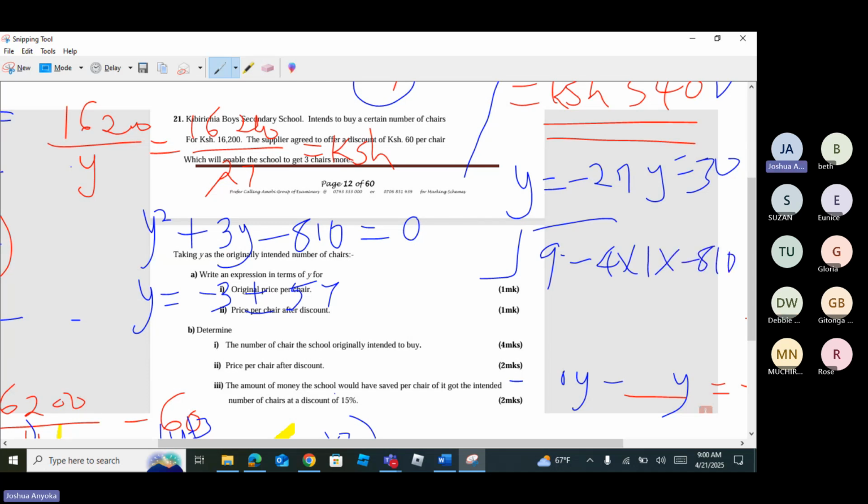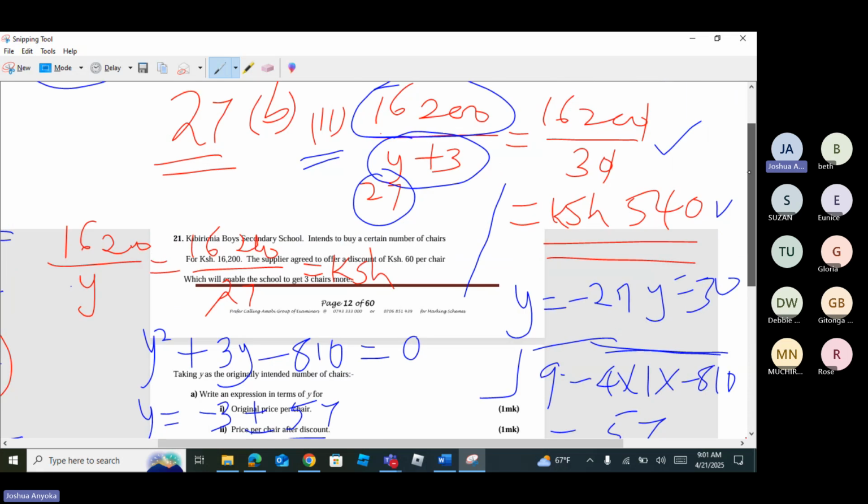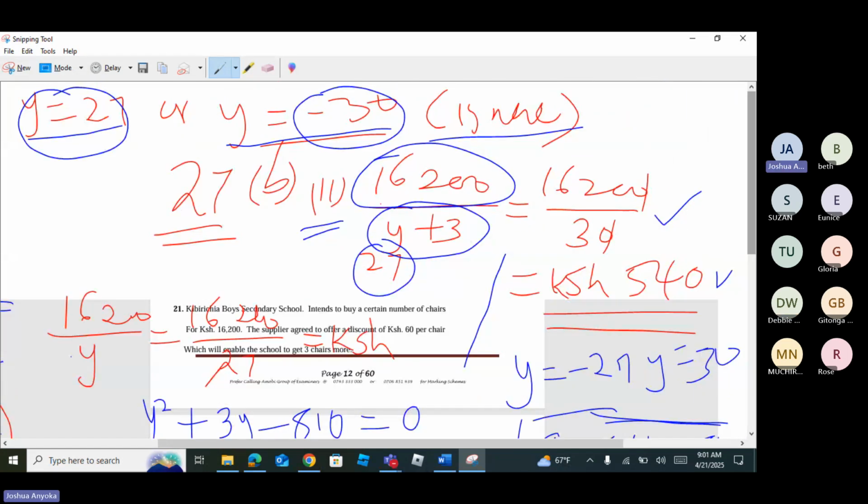Adding it all up gives us 57, divided by 2a, 2 times 1. So y, have you seen it? Well, we are in agreement that our y is 27. Now we are good to go. Let's now continue to Roman 2.